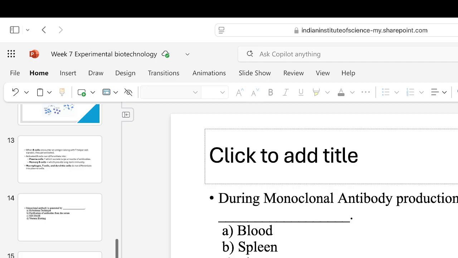Right. A continuation question. During monoclonal antibody production, B cells are isolated from dash, and we have four options: blood, spleen, liver, and lymph. You can take a couple of minutes to think about this question.